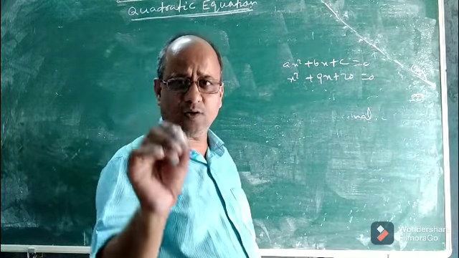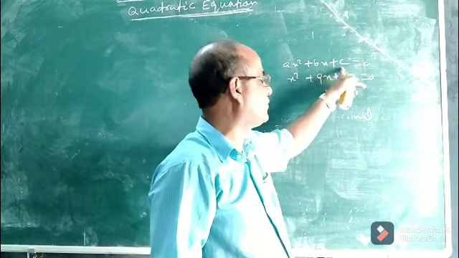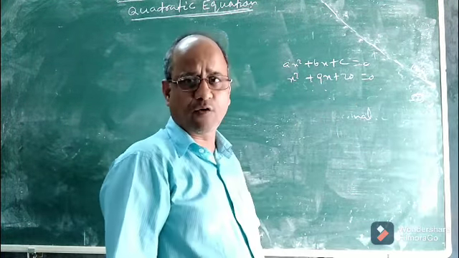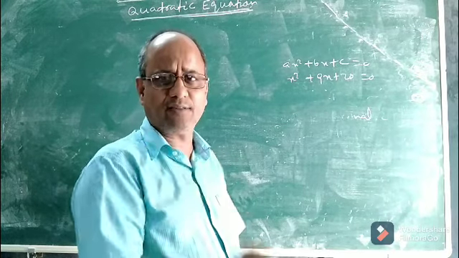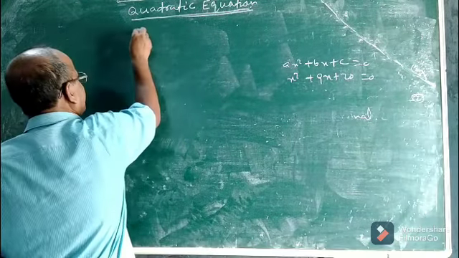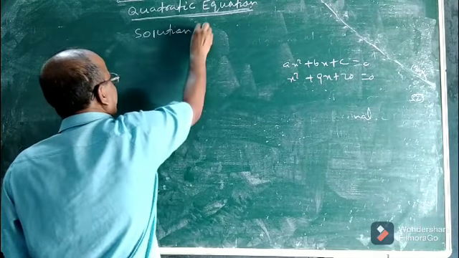Every quadratic equation in any variable will be in this form. That is why it is called the general form of a quadratic equation in variable x. Now let us see how to solve it.